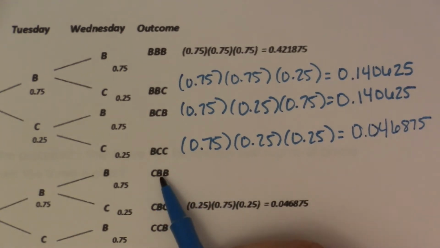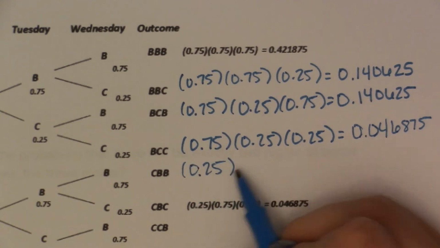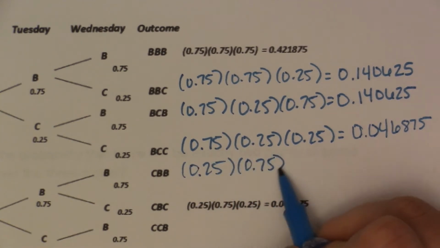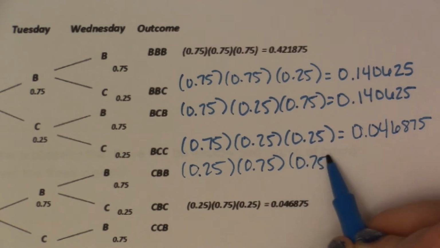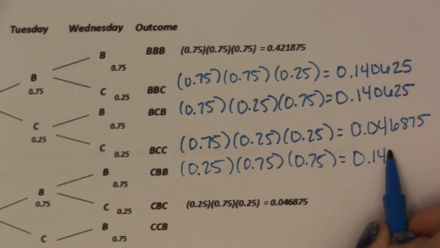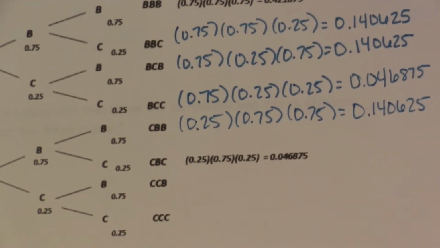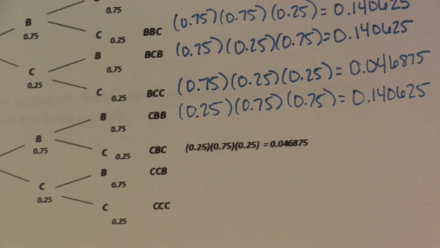Okay, we're going to do card game, board game, board game: 0.25, 0.75, 0.75. So that again is our 0.140625. The next one is completed for us.